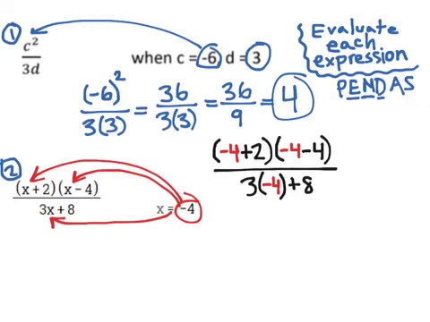Alright, so now back to PEMDAS, or the order of operations. We're going to take care of parentheses, and the ones on top aren't simplified, so we're going to go ahead and simplify those. We have negative 4 plus 2. Well, that is going to bring us to negative 2.